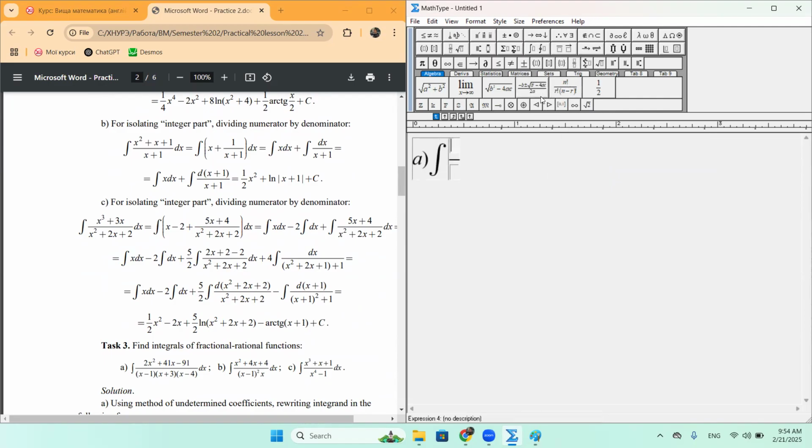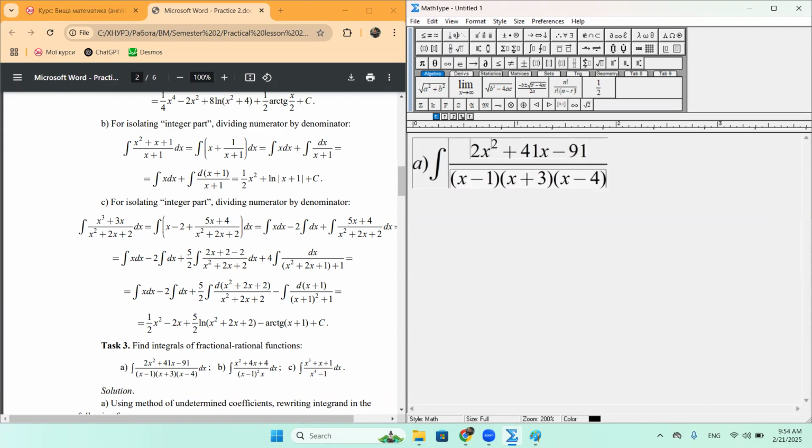Method of undetermined coefficients, or maybe you remember something about it, how to solve it. So we see that here is the product of some expressions in the denominator, and we don't know how to integrate products.